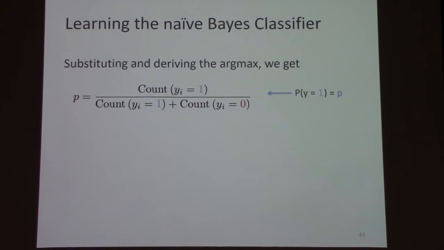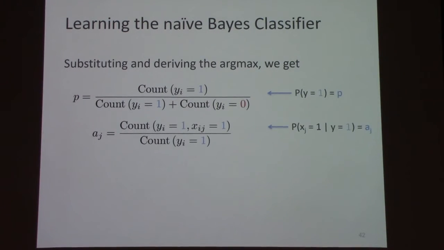The prior probability, the probability that the label is 1, the maximum likelihood estimate, is you count the number of times the labels are 1 in the data set, divide by the number of times the labels are 1 plus the number of times the labels are 0. And all these counts show up because they are actually sums of indicators.